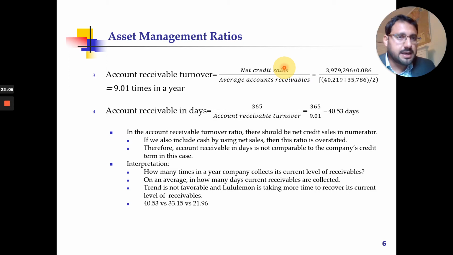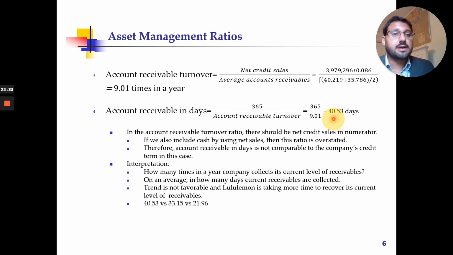So if 30 days is the credit policy, and it is coming to 40.53, it is showing me that the company's collection process is not good, and they need to improve their collection process, and also their credit approval process has to be good. Why are they selling to customers who are delaying the payment?